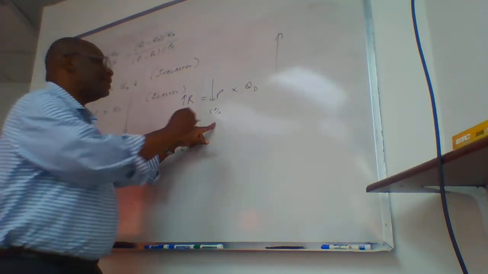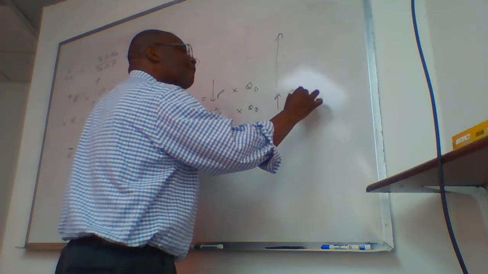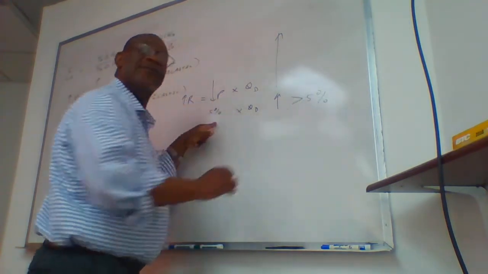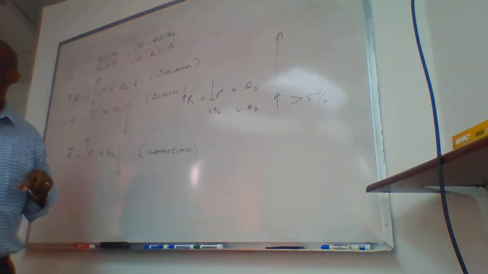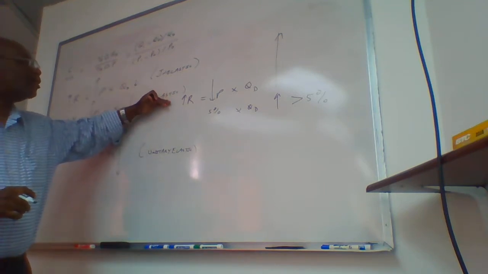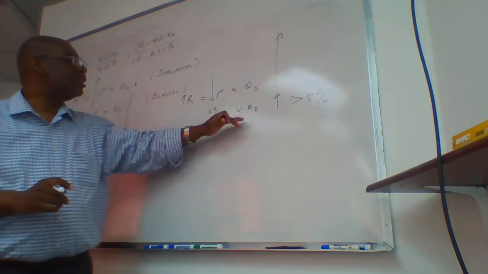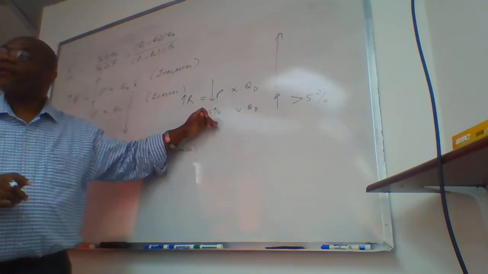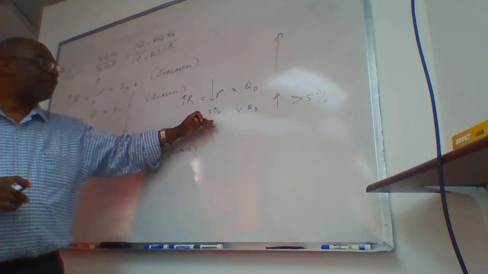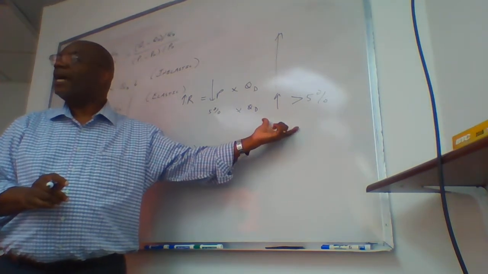Elasticity says that by definition, my demand is going to go up by more than 5%. Because in order for that demand to be elastic, a change in price causes a change in quantity demanded by more than the change in the price. So if the price goes down by 5%, my sales are going to go up by more than 5%.